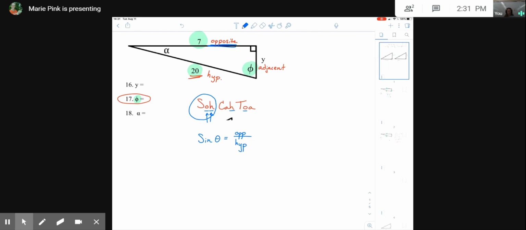And then I just need to substitute in. So sine of my angle, and what is my angle this time? It's phi. So sine of phi is equal to opposite, which in this case is 7, divided by my hypotenuse, which is 20.